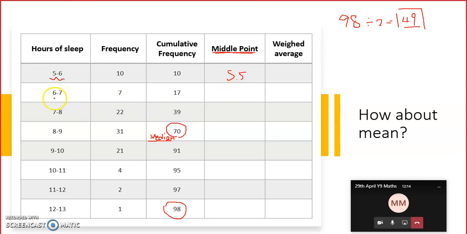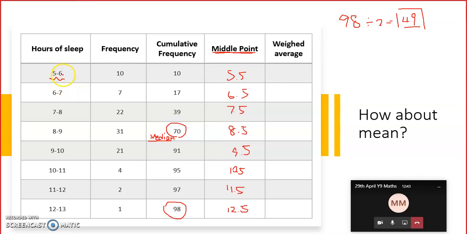And similarly, halfway between 6 and 7, we say that's 6.5, and so on and so forth, 7.5 and 8.5 and 9.5 and 10.5. We can just keep going on, and 11.5 and then 12.5. So this is the average of the group.